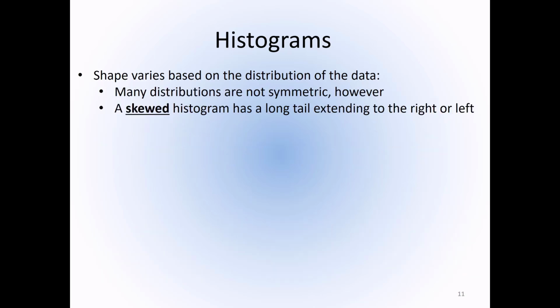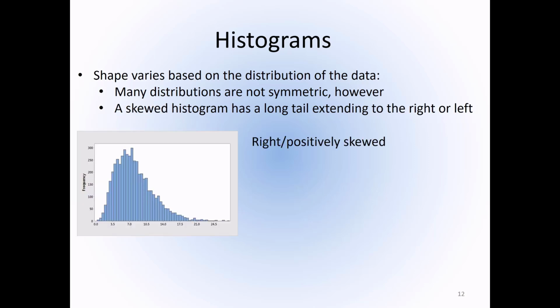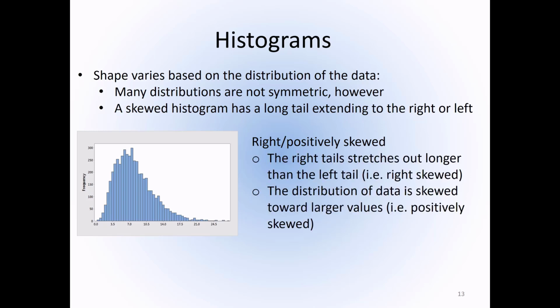However, not all distributions, not all histograms are symmetric. Oftentimes our data are a bit skewed, in which the data tend to stream out further to the right or to the left. And so it's going to be important for us to be able to distinguish between symmetric and asymmetric, meaning skewed data, and also describe if the data is skewed to the right or skewed to the left. So here this histogram is skewed to the right, and the reason for this is that the tail of the histogram stretches out to the right.